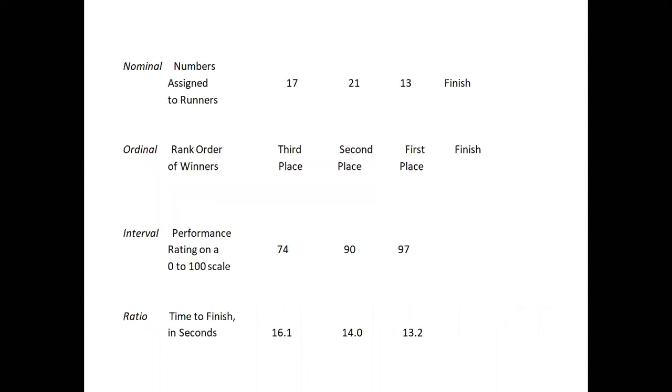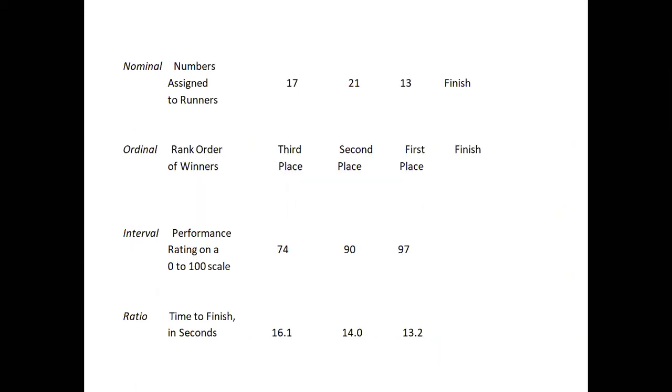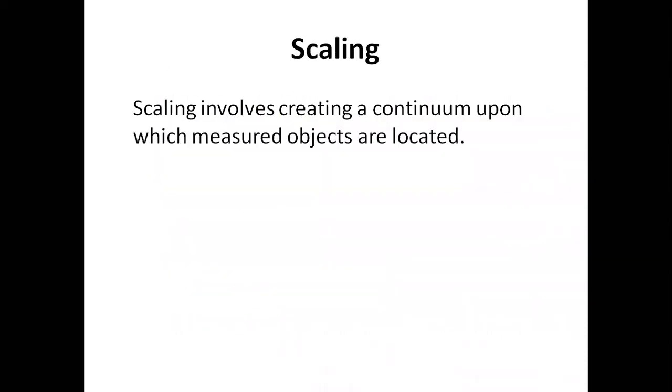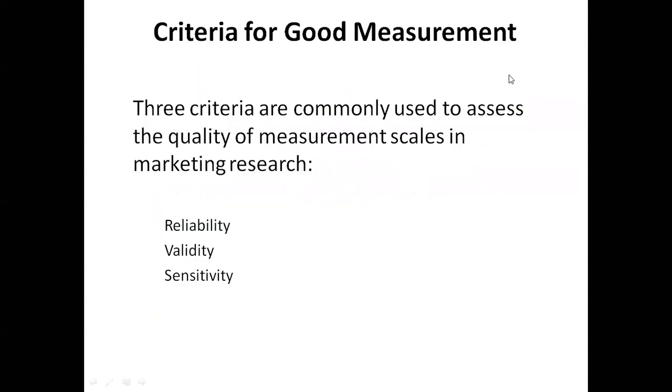So time to finish in seconds in that running race, clearly giving 16.1 seconds, 14.0 seconds and 13.2 seconds. It uses 0 as an absolute 0 point. Got it? So these are the basic or fundamental scaling techniques: nominal, ordinal, interval and ratio scales.